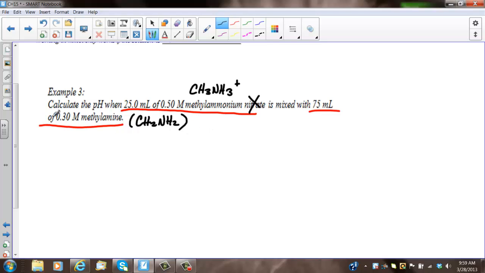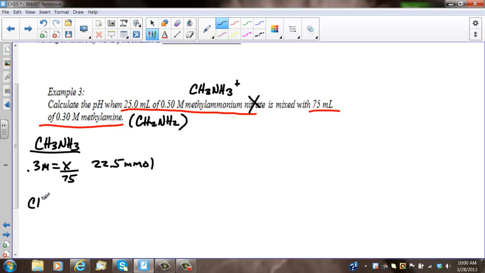Again, we have a conjugate acid-base pair because they're differing by 1 hydrogen. Now we just have to see if they're within a factor of 10. So let's look at our base, CH3NH2. I've got 0.3 molar equals X over 75, which is going to give me 22.5 millimoles.